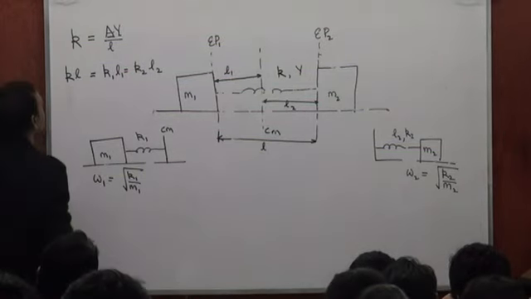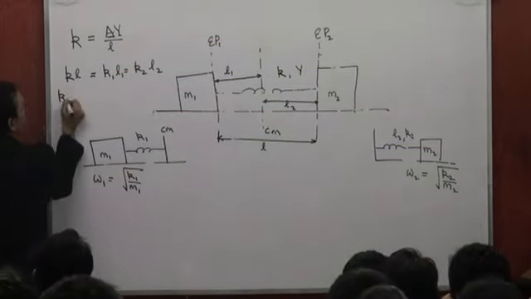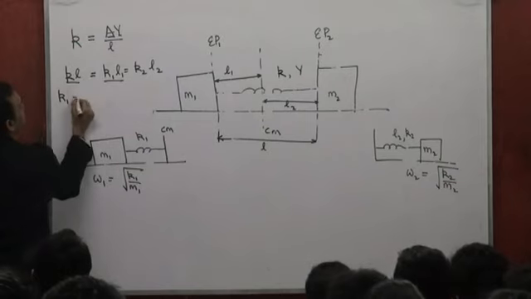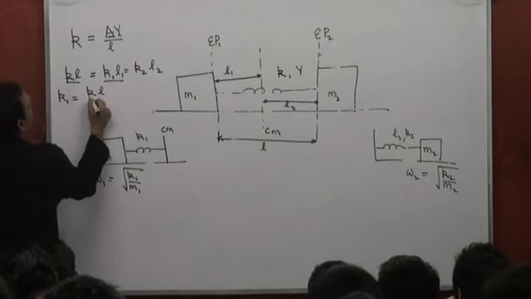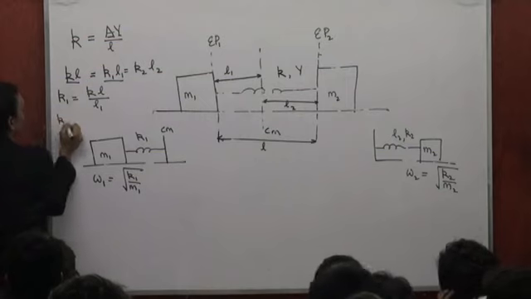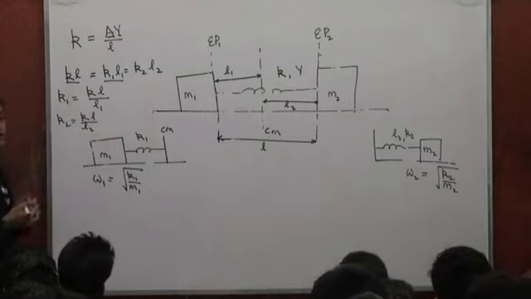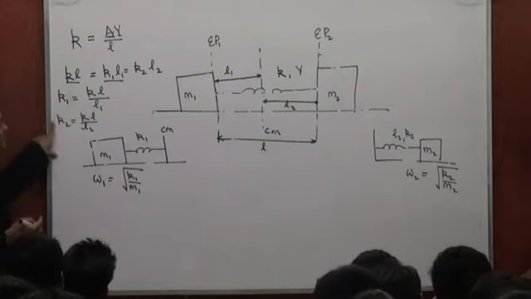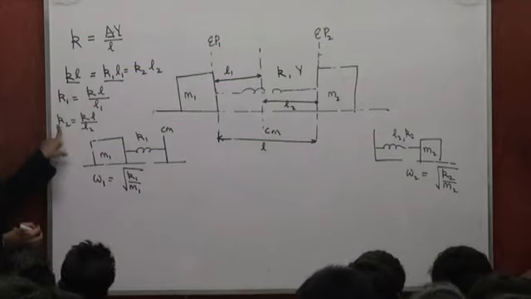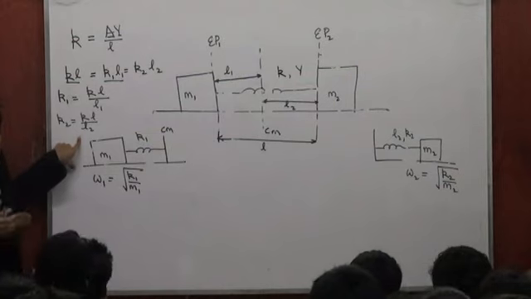So K1 from these considerations is going to be KL by L1 and K2 is going to be KL by L2. Yes or no?